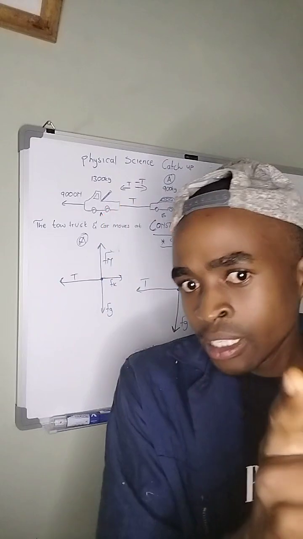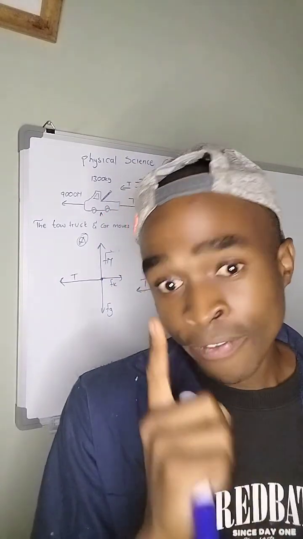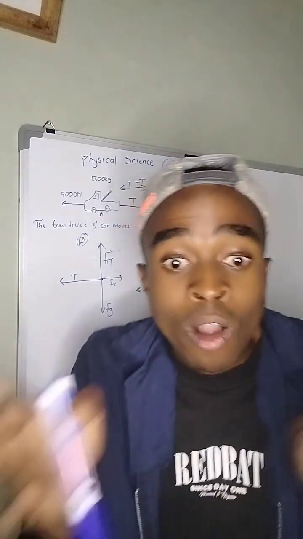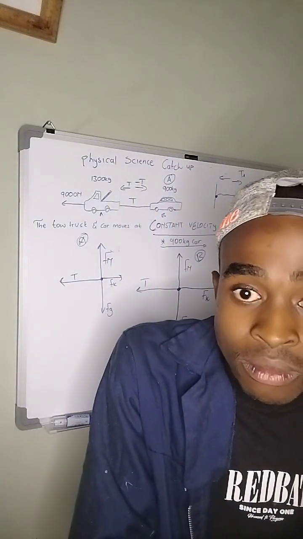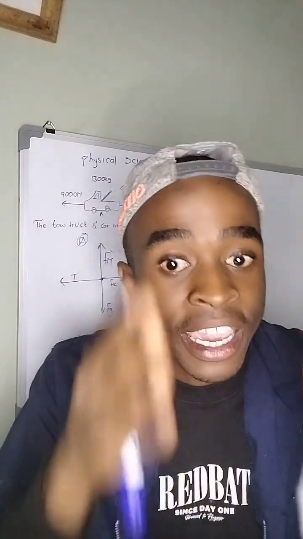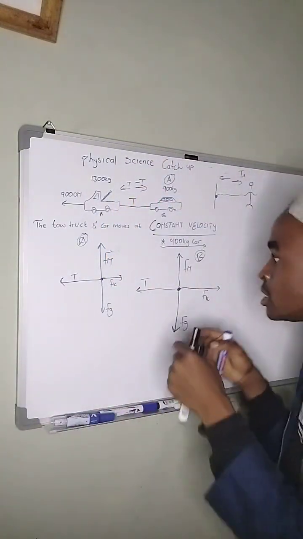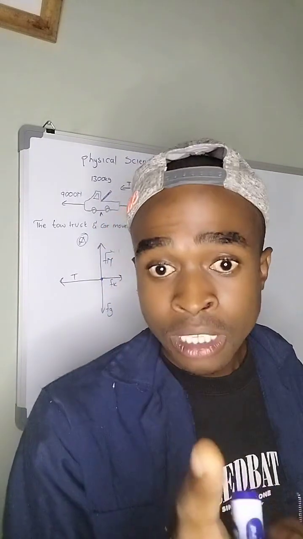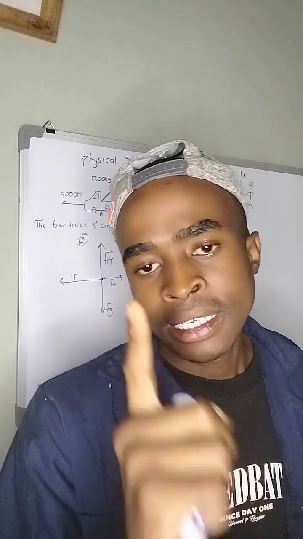We learned the first law, guys. First law, all the forces are balanced, whether constant velocity or stationary objects. And remember, first law means acceleration is going to be 0.